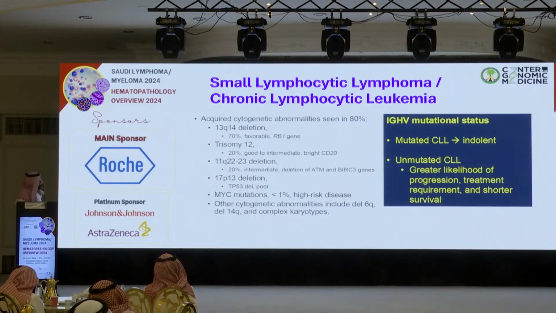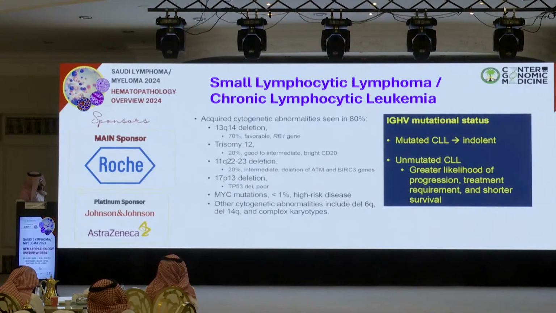Some of them are favorable and very common, like 13q deletion. Trisomy 12 is intermediate, associated with bright CD20. 11q and 17p deletion with TP53 are very significant. MYC mutation is very rare in CLL, and there are other cytogenetic abnormalities that are not that common.